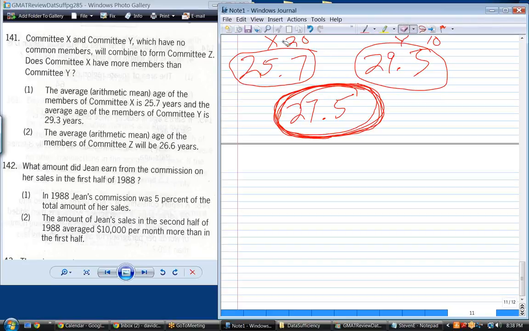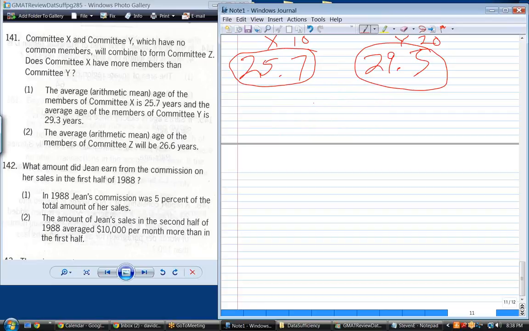And if I had more members in Y than X, it would be reversed. So going back to what we had found earlier, the fact that the average is 26.6 tells you there have to be more members in X than Y.